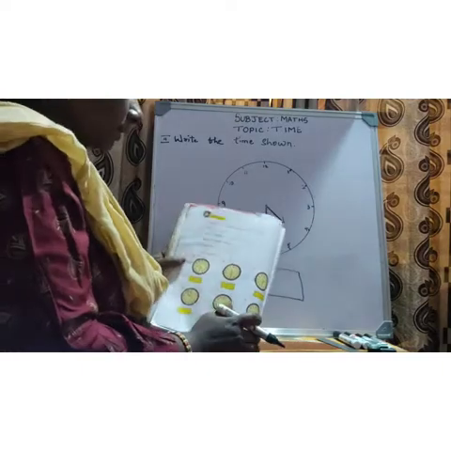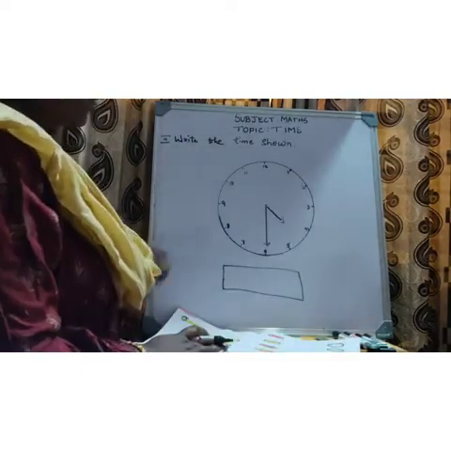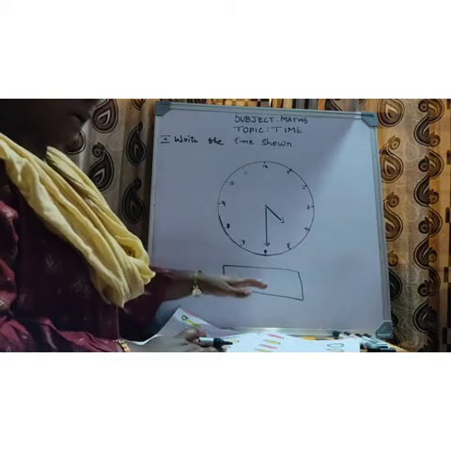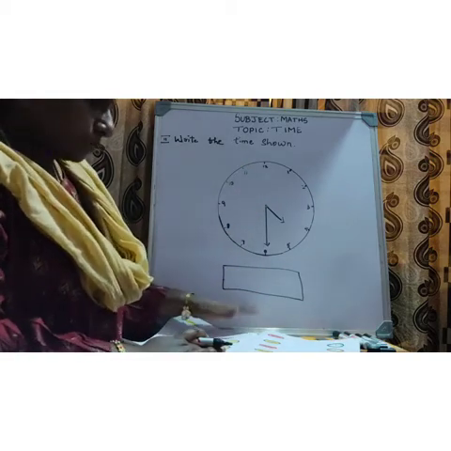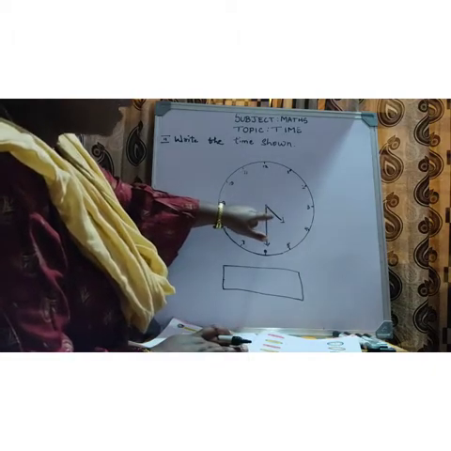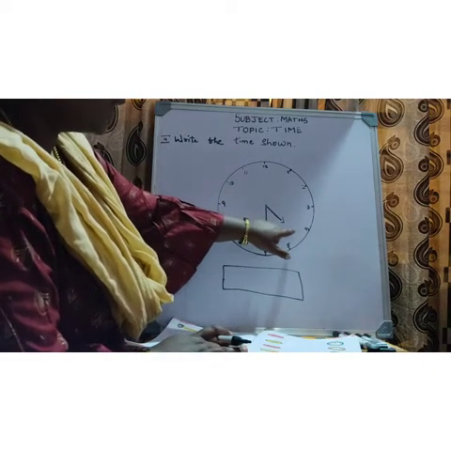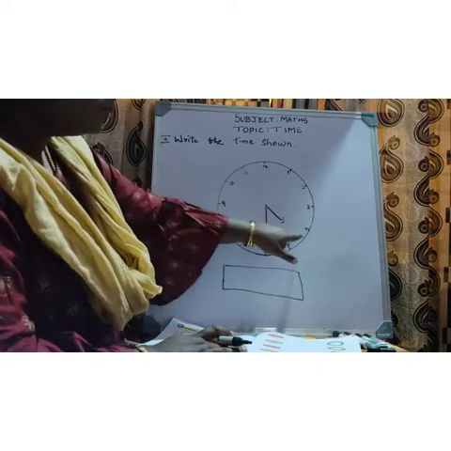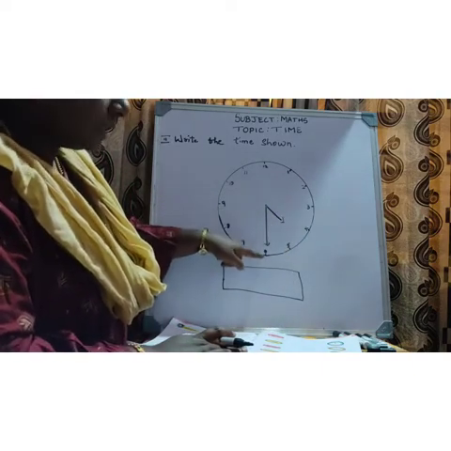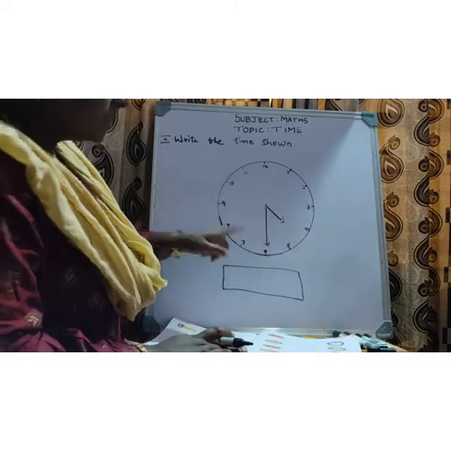Next main, write the time shown. So here the time is shown, and what is the time shown, that you have to write in this box. Okay? So here, see here, children, the hour hand is in the middle of the 4 and 5, and the minute hand is at 6.